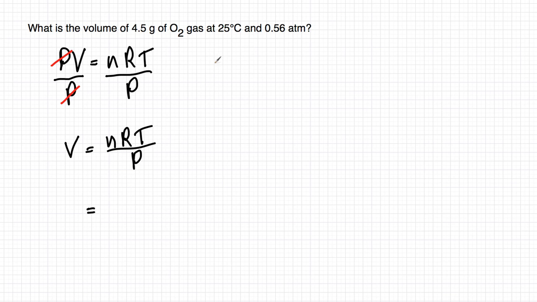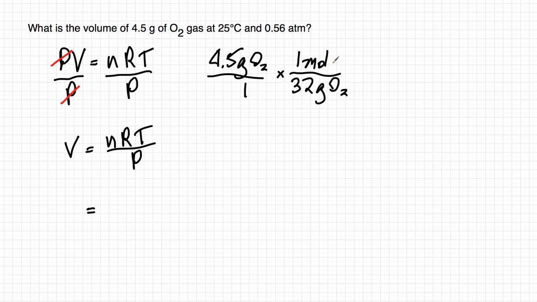So what we need to do next is to plug in our values. And first bit of business is we need to figure out how many moles are in 4.5 grams of O2. So I'll go ahead and do that right now. 4.5 grams of O2, and put it all over 1. And for every 32 grams of O2, we're going to get 1 mole of O2.